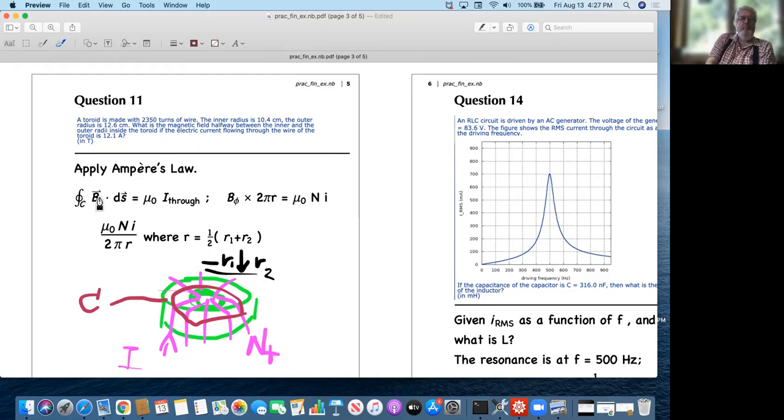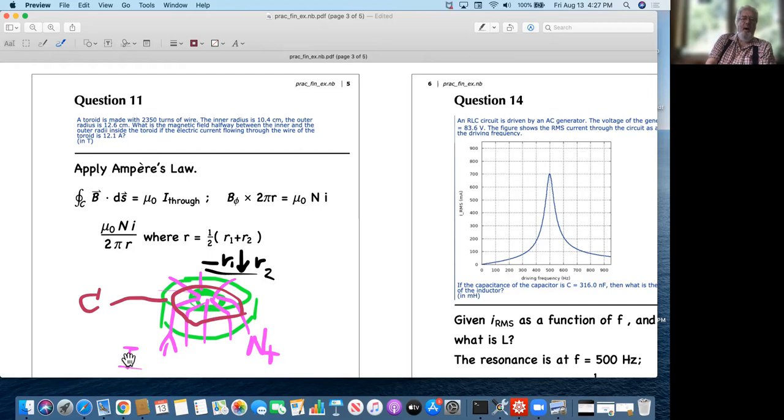So the circulation of B, well, the magnetic field is going to be around the toroid, just like in a solenoid, inside the coils of wire. So B phi, the magnetic field circulating around inside, times the length, 2 pi r, the circumference of the circle, is mu naught times the total current going through the surface. Each coil of wire goes through the surface.